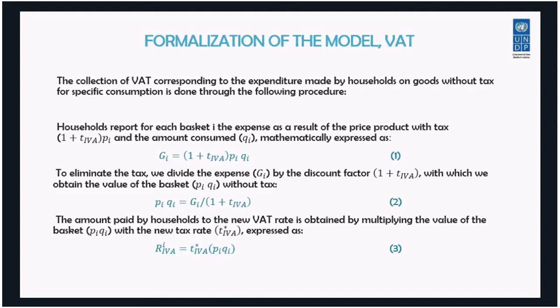So mathematically, the expenditure can be expressed as 1.1, which is the increase of the tax, times the market price of the good without the tax, times the quantity of the goods consumed.